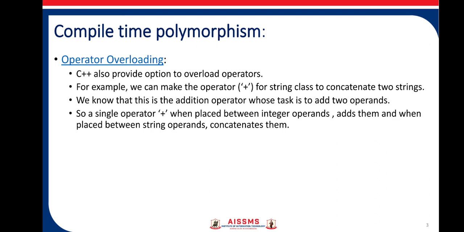So a single operator plus, when placed between two integer operands, will add them, but when it is placed between two strings, it will concatenate them. That means the same operator is used in different forms. So this is nothing but polymorphism, and this is done during compilation. So this is called compile time polymorphism, and the concept is operator overloading.